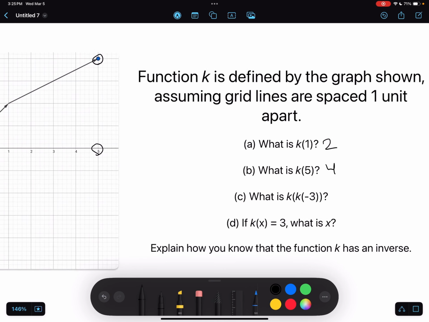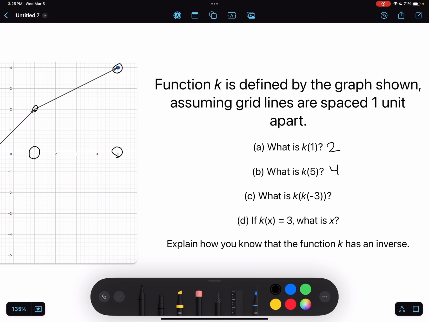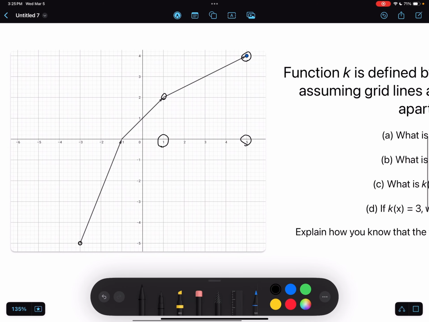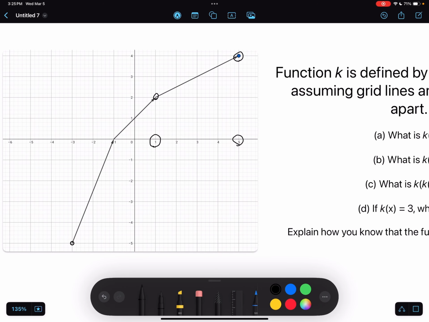Now we have a more interesting one involving the composition of the function k. First we have k of negative 3. We're working from the inside out here. For k of negative 3, we look for the value of negative 3 on the x-axis, then find the value corresponding to that on the y-axis.